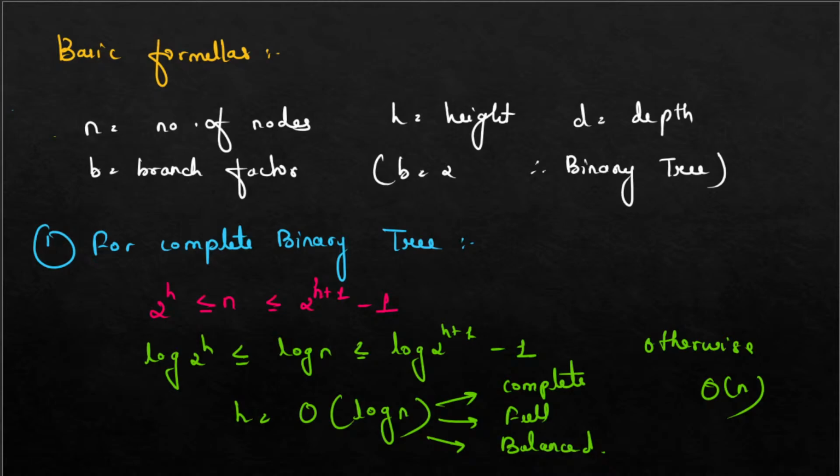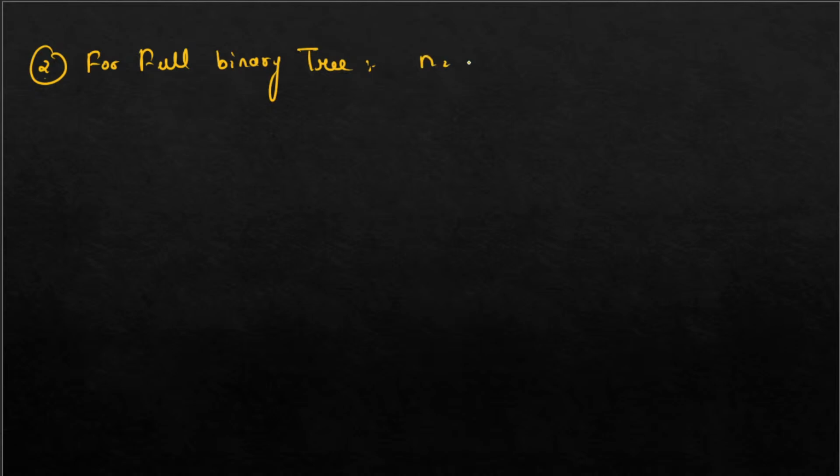Now let's see for full binary tree. Second, for full binary tree, n equals to 2 to the power h minus 1 plus 1. Okay.